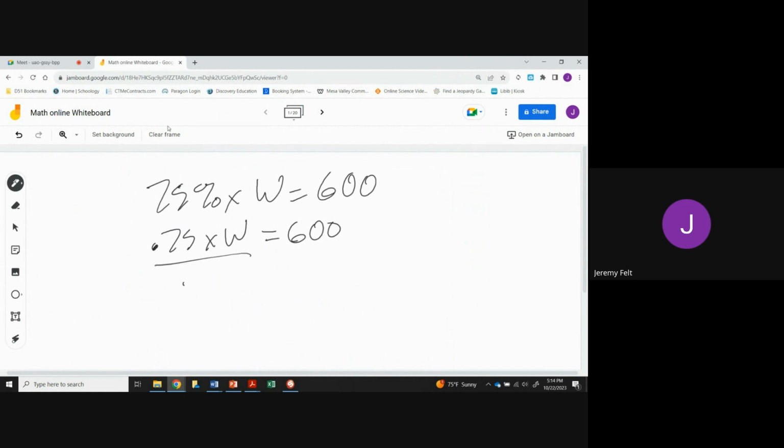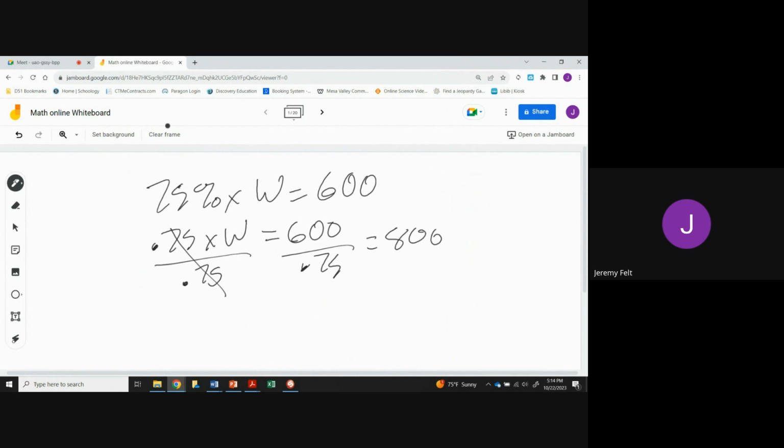We're multiplying by 0.75, so I divide 600 by 0.75. I've got 800. So 600 is 75% of 800. I'm looking at that now.